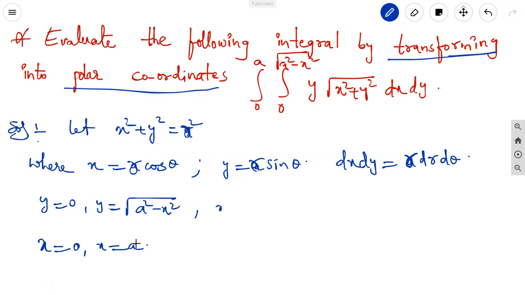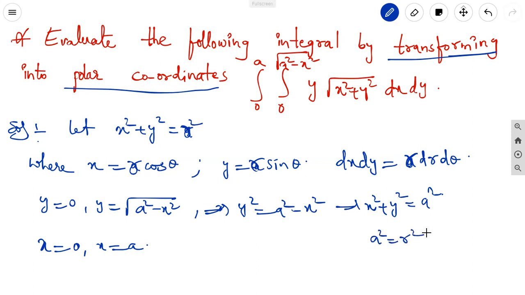From this we get the equation y square is equal to a square minus x square, so x square plus y square is equal to a square. Here, in the place of a square there is r square.